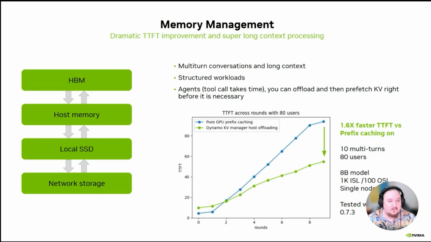What that winds up meaning is that we don't have to shove everything into one piece of memory. We can dynamically fetch and retrieve the needed pieces of information when we need them from this hierarchy of memory. And so that allows you to do things like offload KV cache to slower memory when it's not needed, and then prefetch it back when it is.